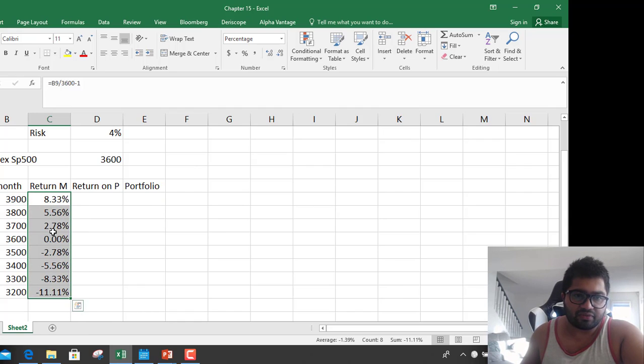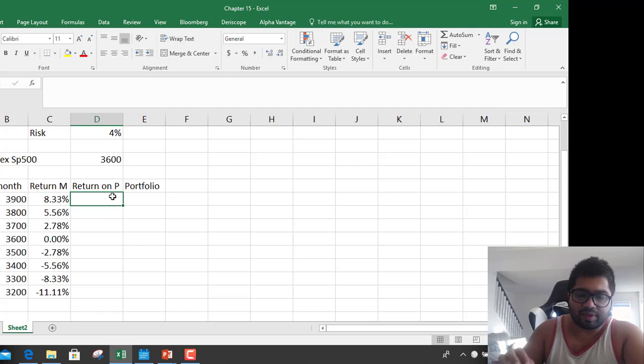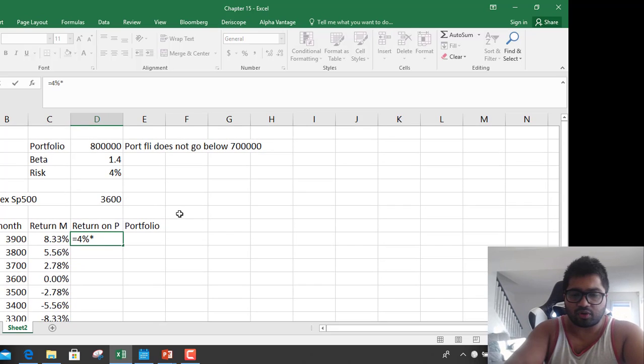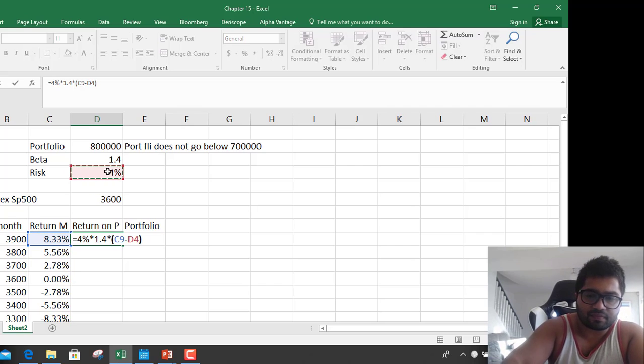Returns on portfolio will be risk-free rate 4% plus beta 1.4 times return on market, that is 8.33, minus risk-free rate.